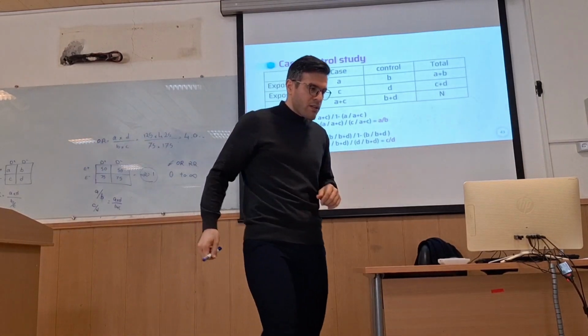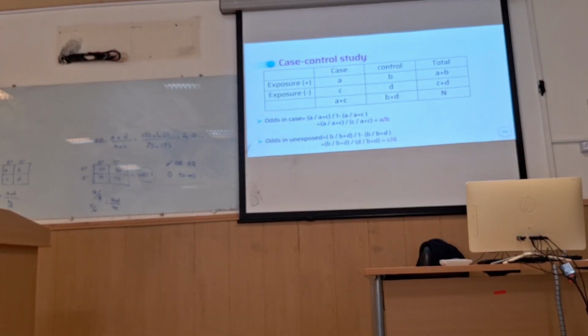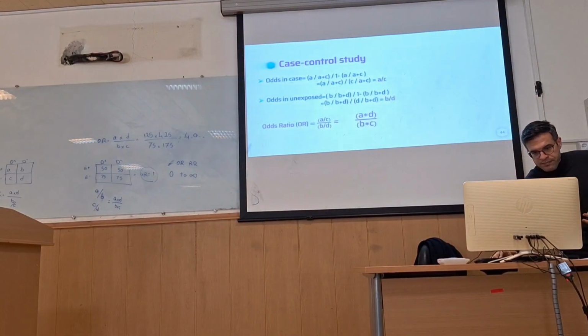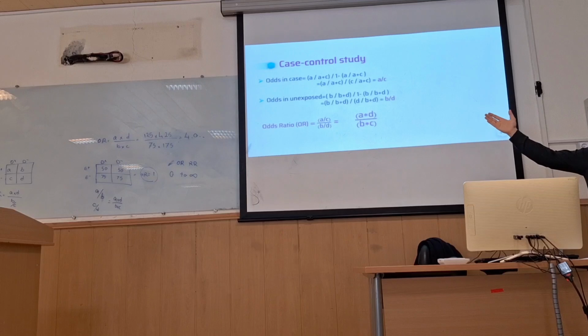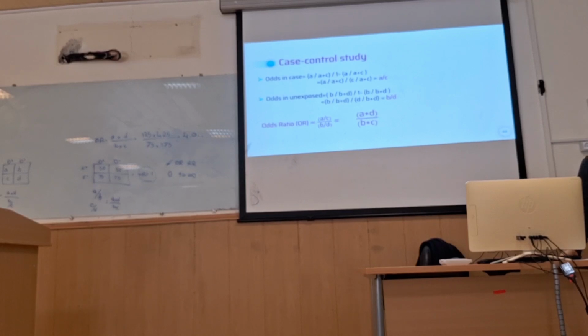Okay. So the only indicator for assessing an association between exposure and outcome in case control study is odds ratio, and odds ratio is A divided by B. It means odds in case, and odds in control means C divided by D. And finally, A multiplied by D divided by B multiplied by C. It's clear.